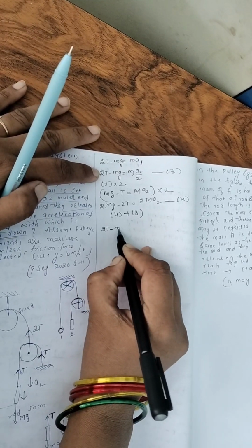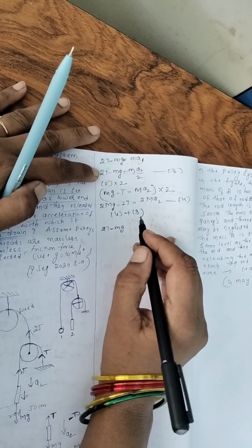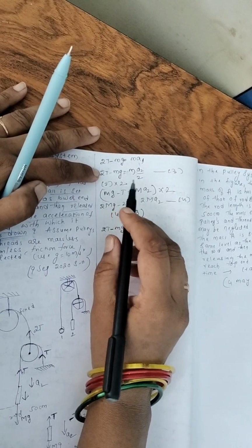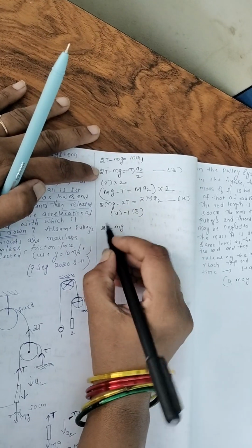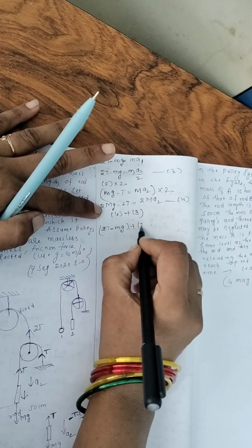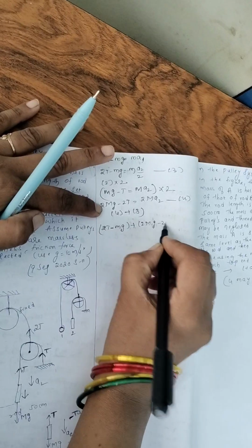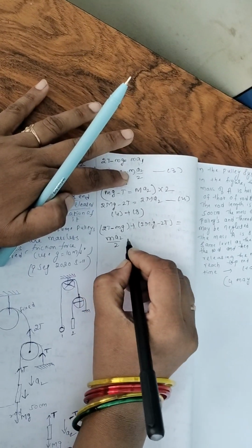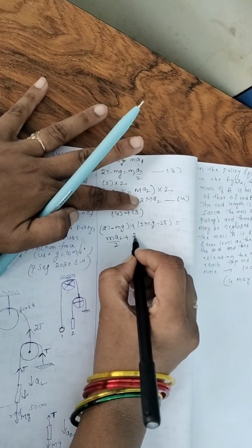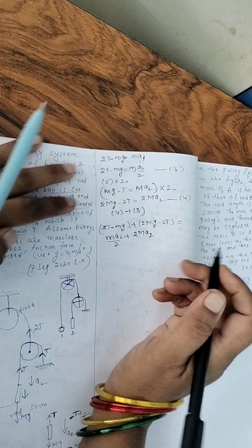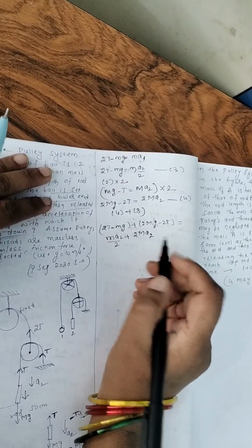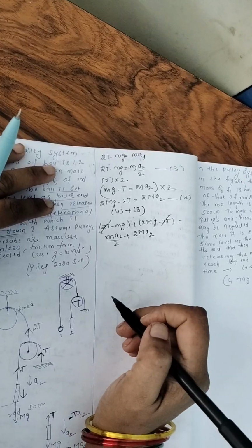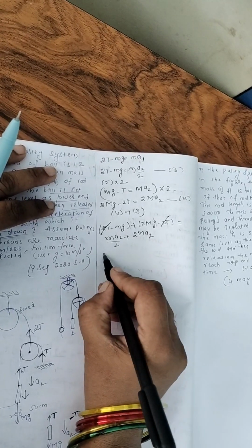2T minus mg. Just keep correct concentration of small m and capital M. Small m is the mass of the ball, capital M is the mass of the rod. Plus 2Mg minus 2T is equal to m A2 by 2 plus 2M A2. Clear? Now plus 2T minus 2T strikes off.